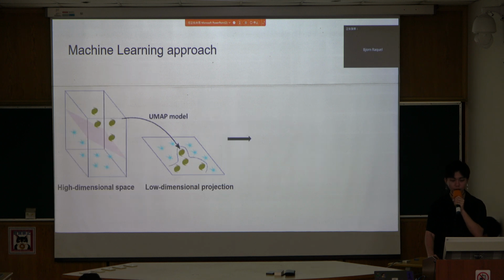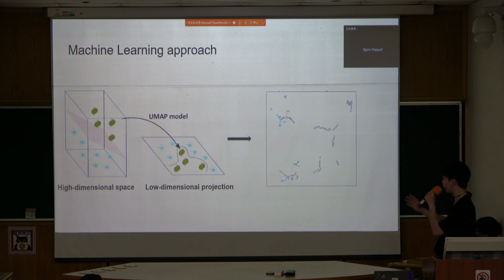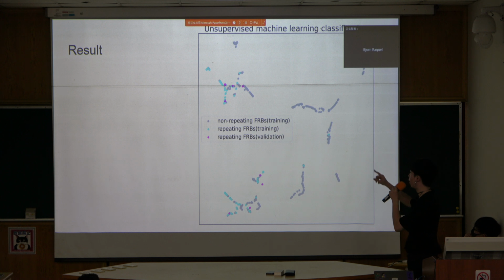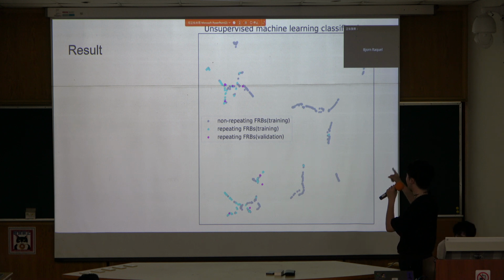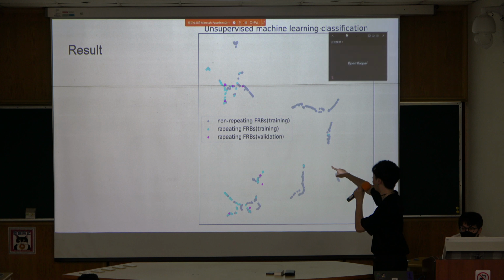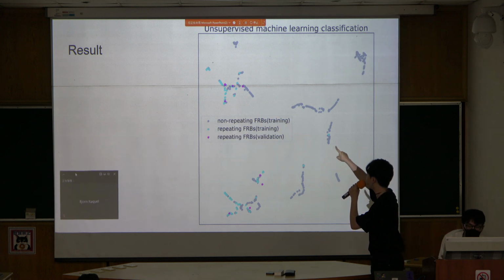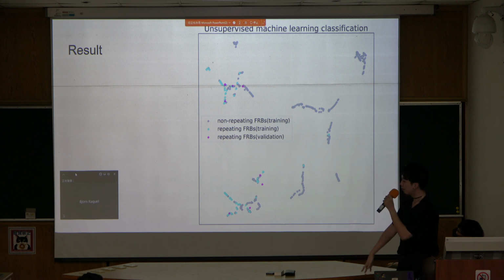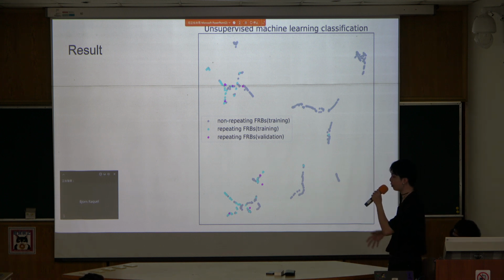Eventually, our machine learning projection resulted in a plane that looks like this. So, machine learning results here. The colored points are the repeating fast radio bursts. The gray points are the non-repeating fast radio bursts so far. And clearly we see that the colored points are all in the three main clusters, there, and there. Outside of these three clusters, there are almost no repeating FRBs.